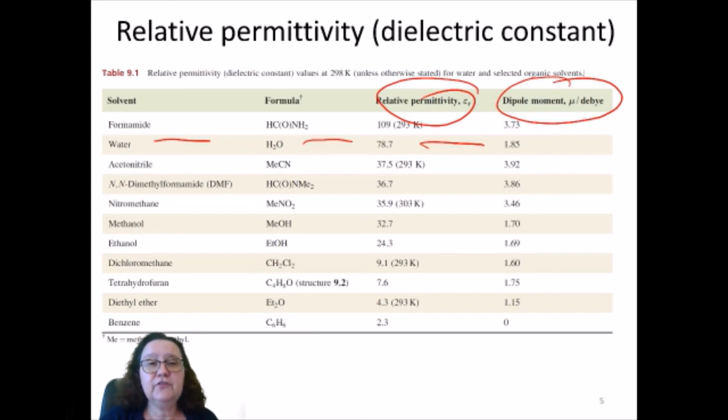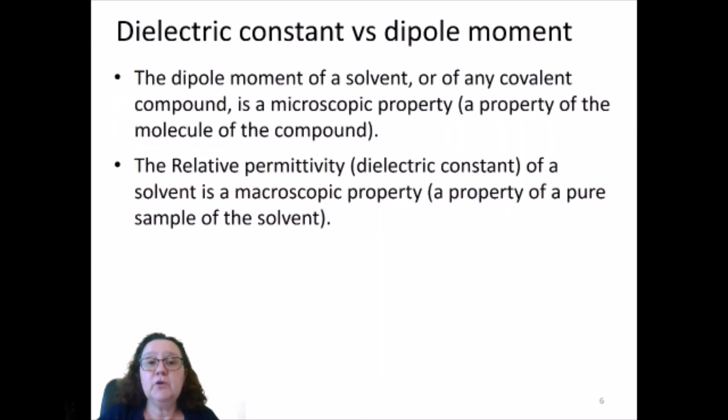There is a difference between relative permittivity and dipole moment, even if in principle you might think that they measure the same, the polarity of a compound. It's not that straightforward. The dipole moment of a solvent, the dipole moment of a compound, is a microscopic property.